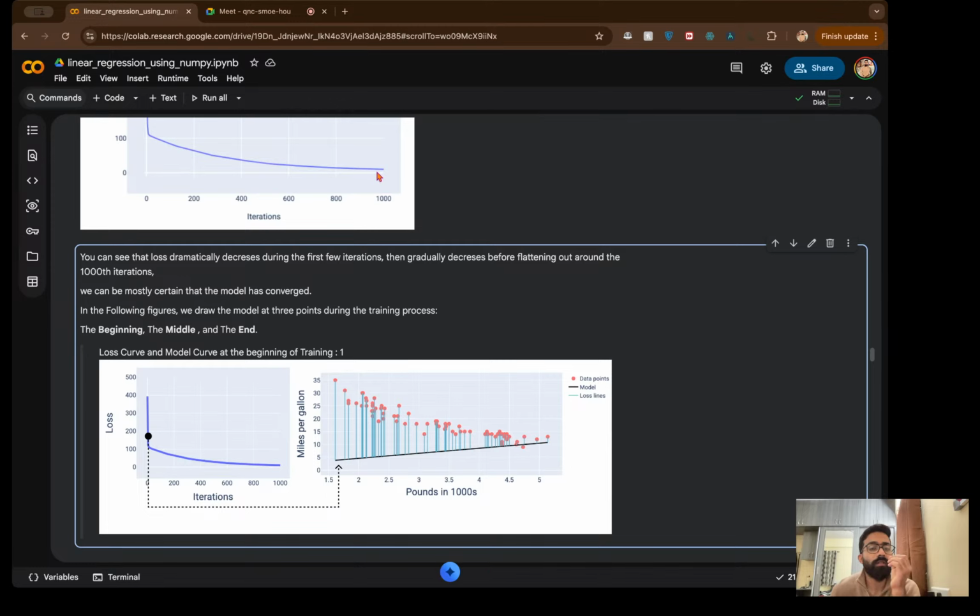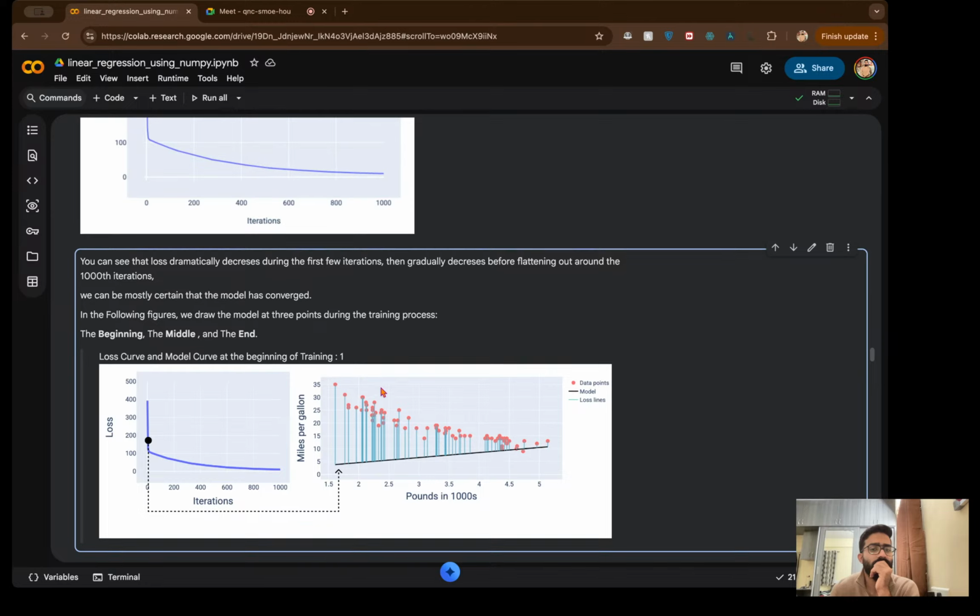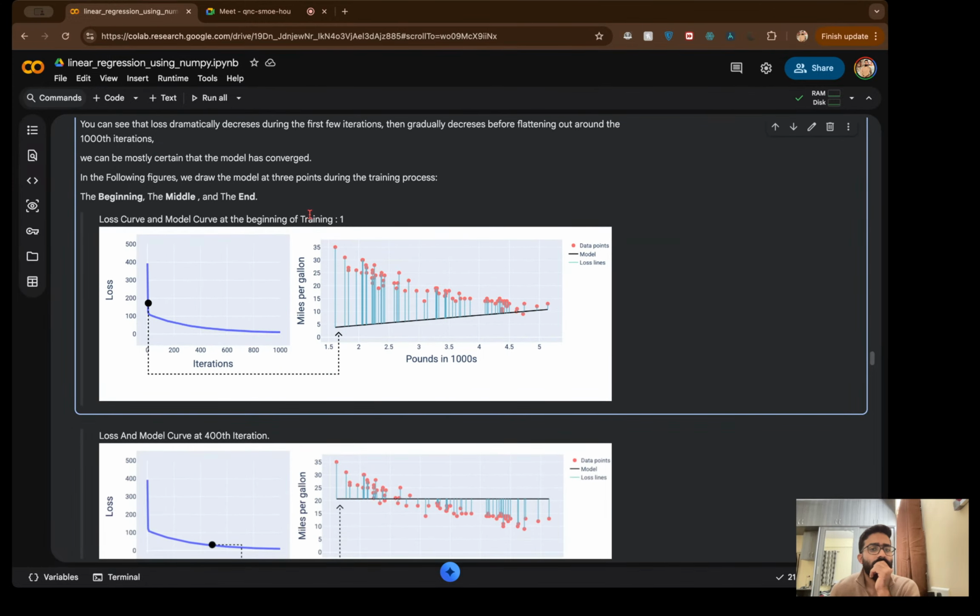The loss is almost 0. In the following figure, we draw the model at 3 points during the training process. On the first iteration, the loss is this. This black dot is the first iteration, correct?